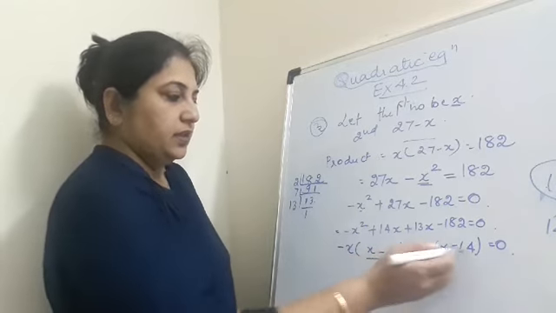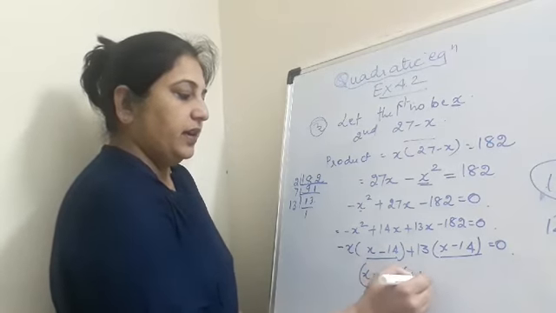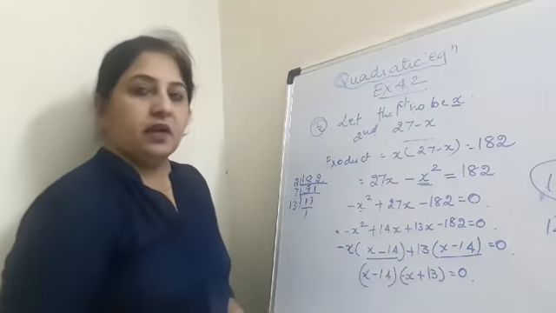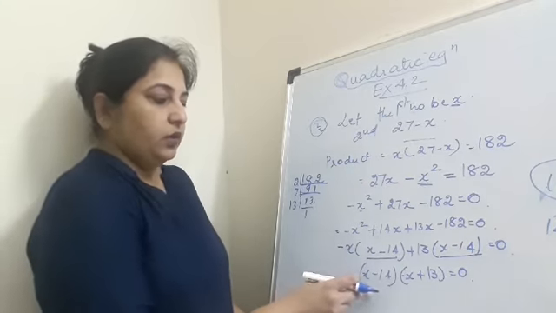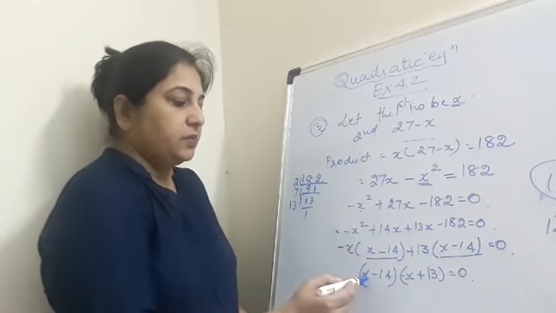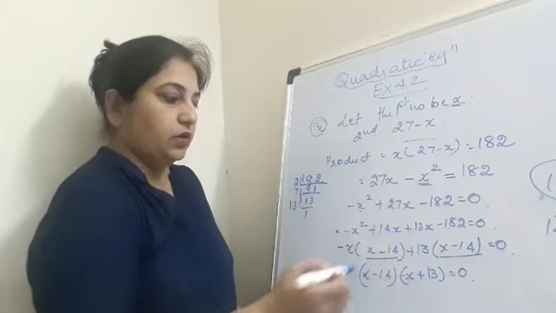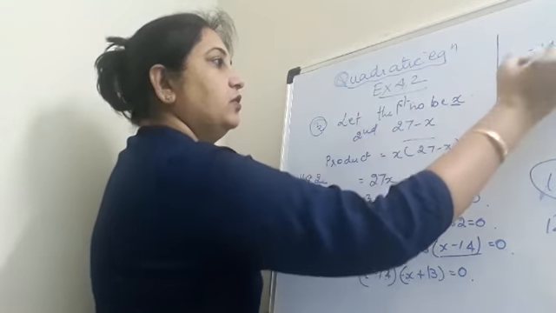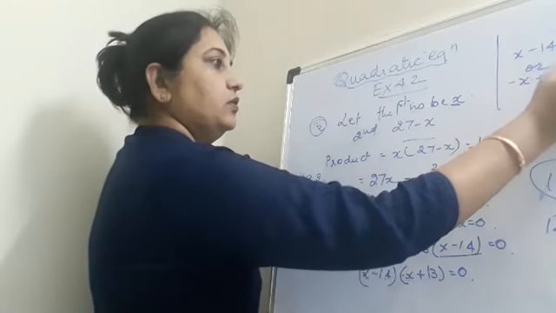So x minus 14 is one factor and minus x plus 13 is another factor, and that is equal to 0. So either x minus 14 is equal to 0 or minus x plus 13 is equal to 0.